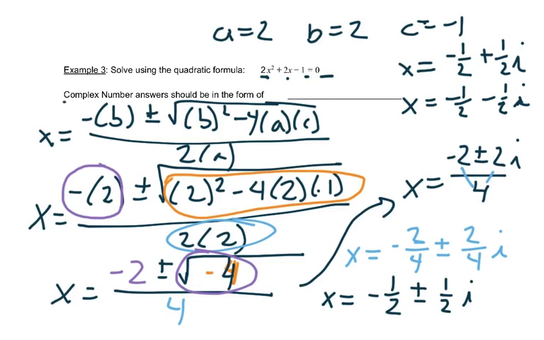With the i in it, they're called complex numbers, and those answers are always in the form of a plus bi. And that a and that b aren't the same as this a and this b. We're just saying that there should be a number, and then a plus or minus, and then another number, and then the i at the end. That's the right format.